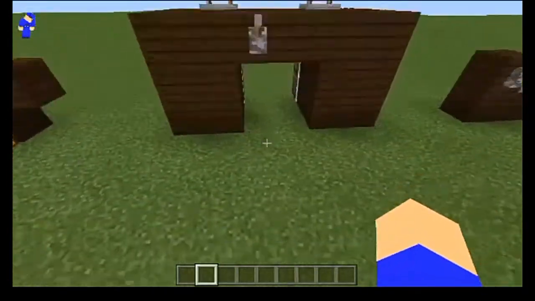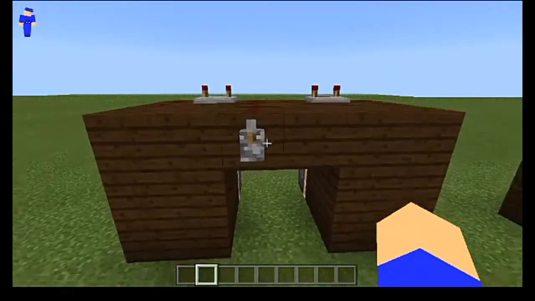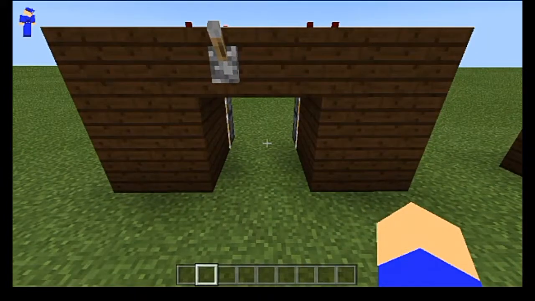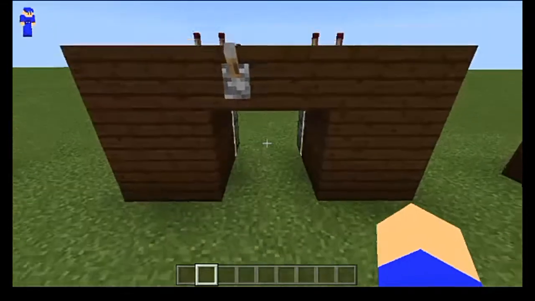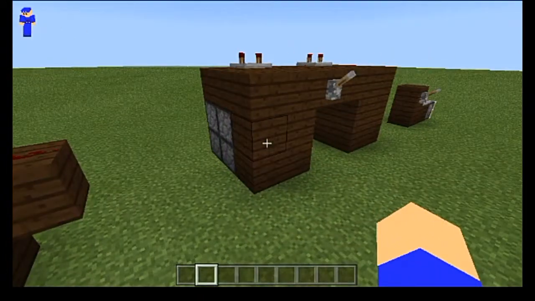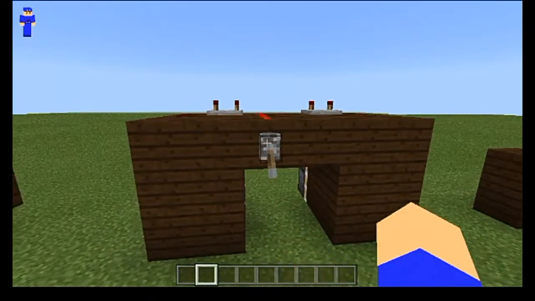This is another example of what quasi-connectivity would actually end up doing. This is what is known as a Jeb door. Now, Jeb doors are actually a lot more complicated on Bedrock Edition, strictly because the quasi-connectivity effect does not work inside of Bedrock Edition. So let me go ahead and turn this on.